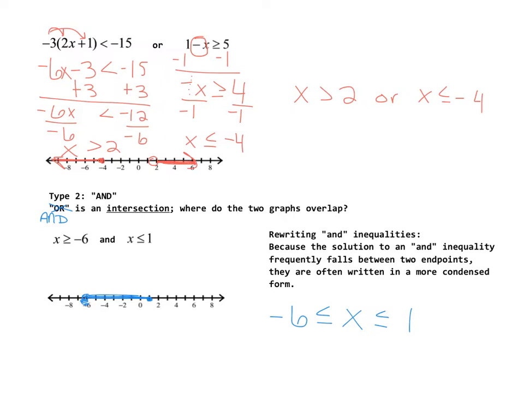Now, if you look at this, both of the inequalities are there. This is x is less than or equal to 1, and this is x is greater than or equal to negative 6 because it's backwards, right? So they're both there. So x is between negative 6 and 1. Everything between negative 6 and 1 satisfies that "and."